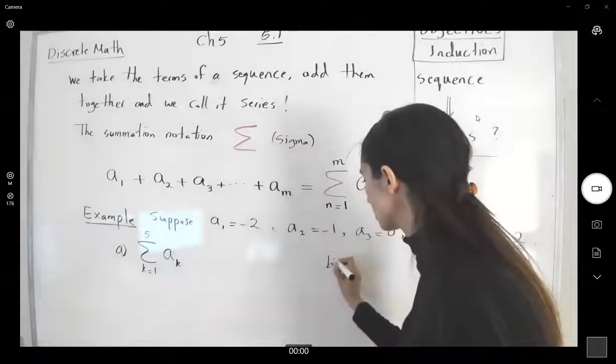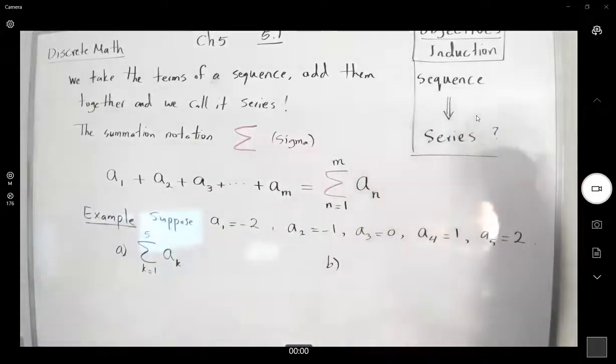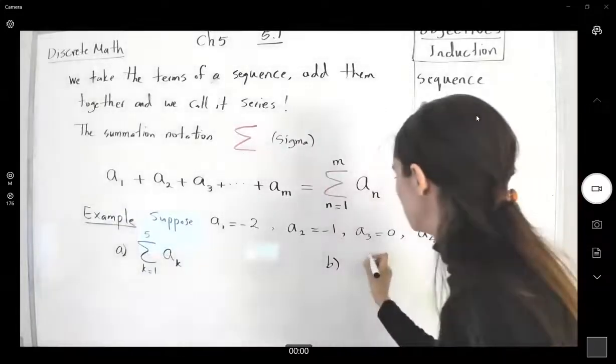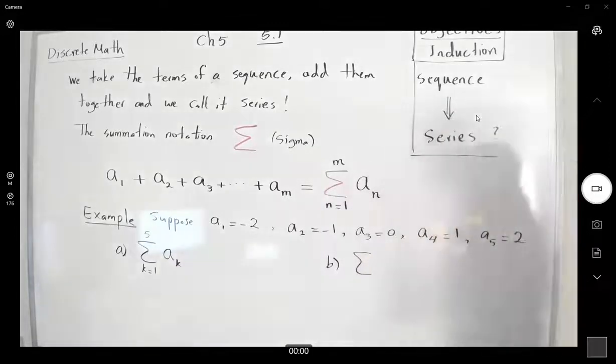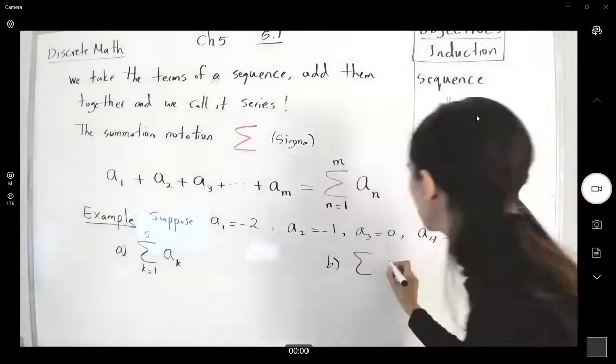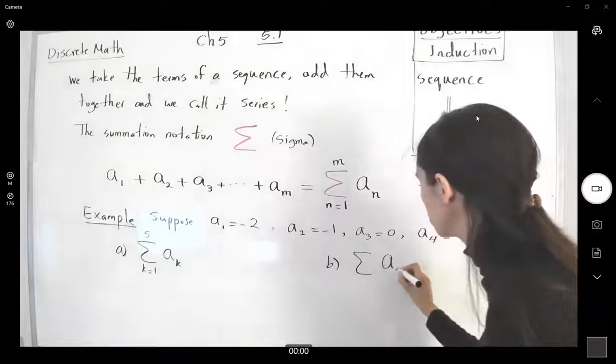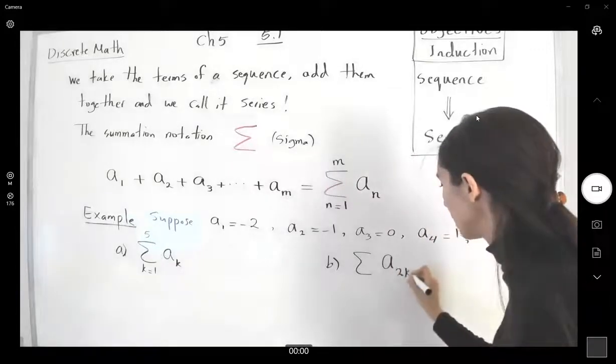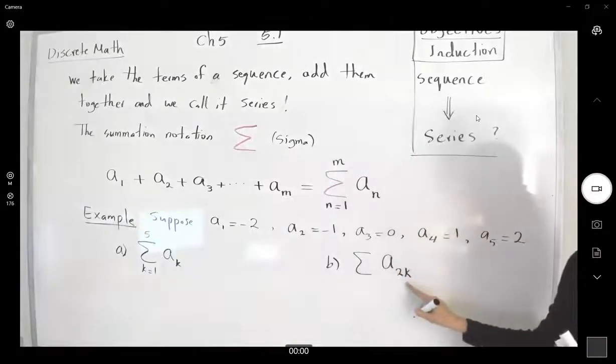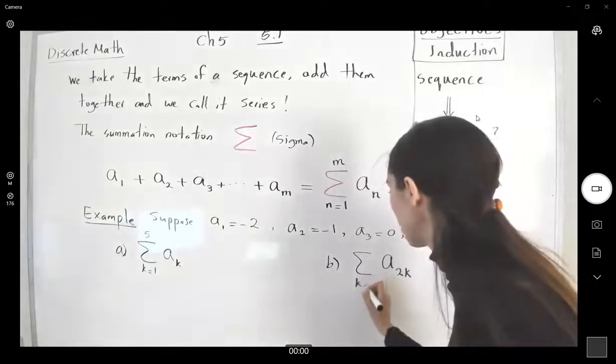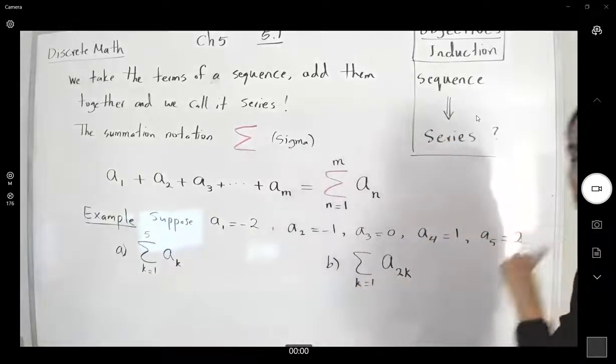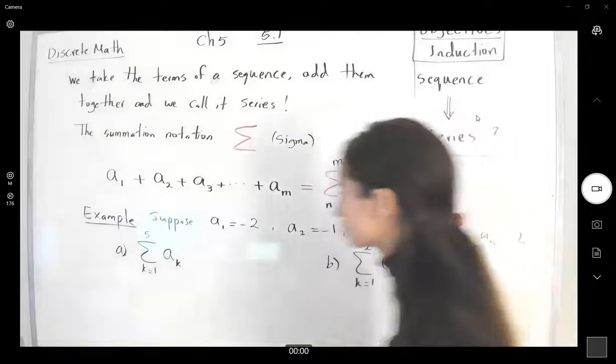B says, after you calculate the first series, now calculate this series for me: the sum of A sub 2k. So I'm changing the index into 2 times k, but my k starts from 1 and stops at 2.